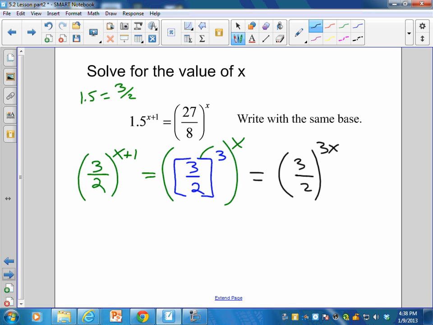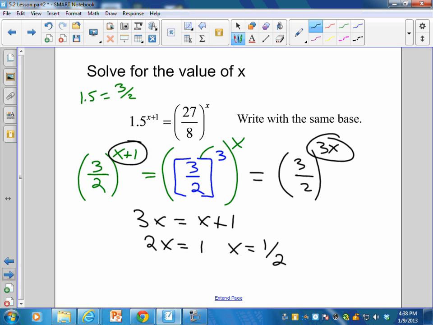So then I put these two exponents equal to each other. 3x equals x plus 1, 2x equals 1, x equals 1/2. You can check these answers in your calculator.